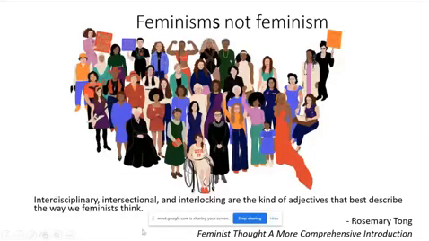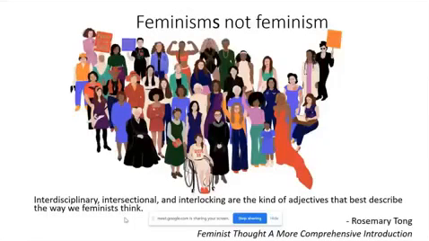And let's look at something which I extrapolated from Rosemary Tong's book. The name of the book is given below. And she says the way feminists ought to think today is in an interdisciplinary, intersectional, and interlocking manner. So these are the adjectives that best describe the way we feminists think. So, in other words, feminism as activism, as theory, as consciousness raising has come a long way today.